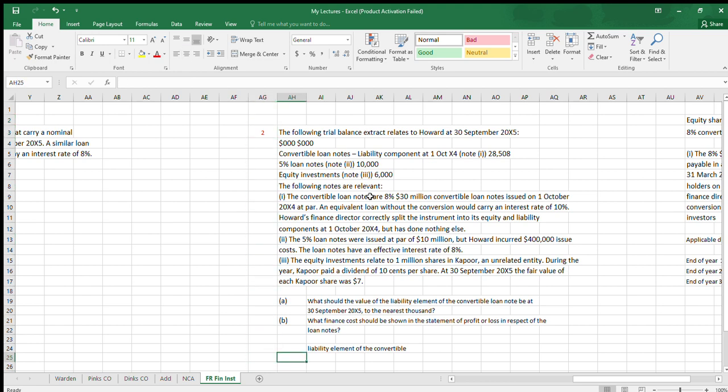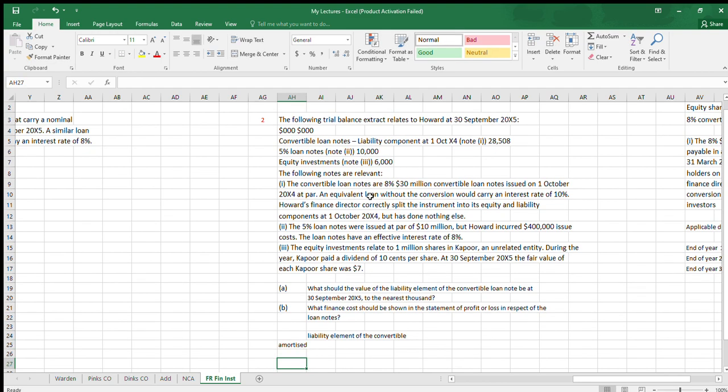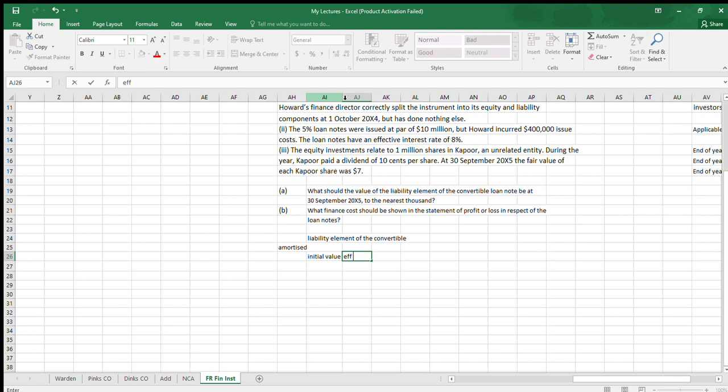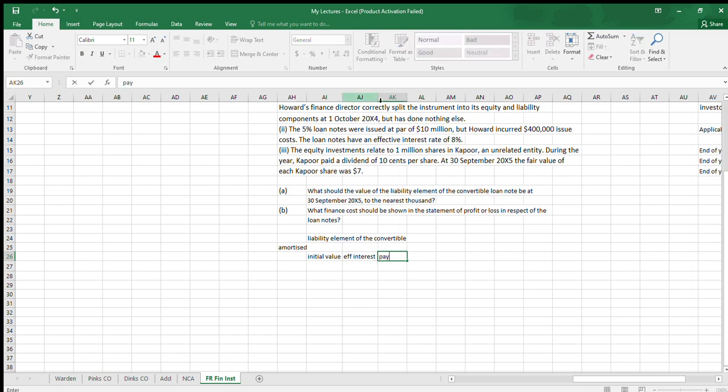And you know the amortized cost. The amortized cost is your initial value. You have your effective interest. Then we have your payment. Payment is actually the interest paid, right?